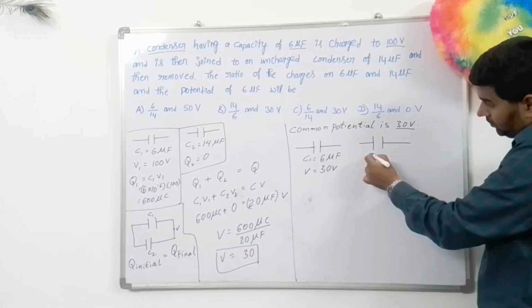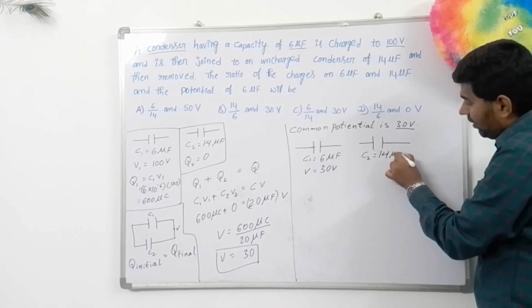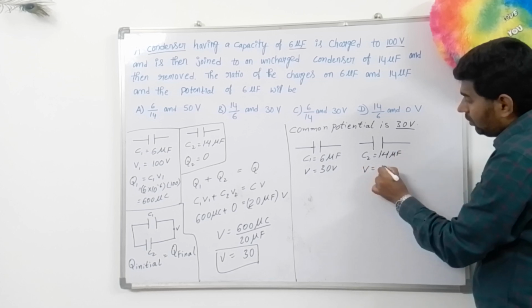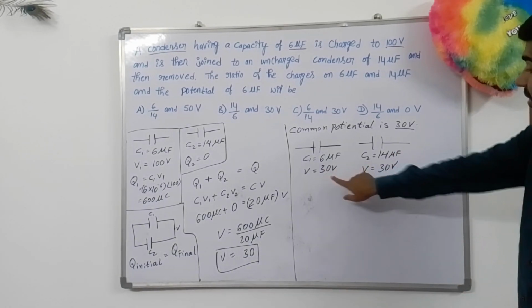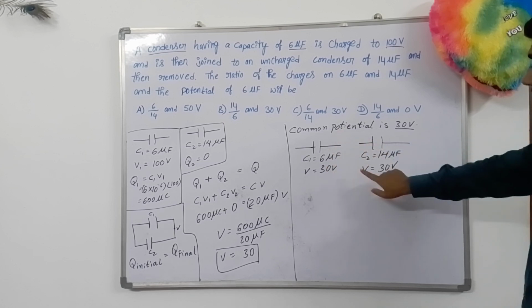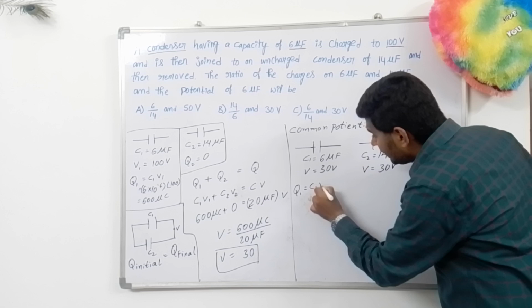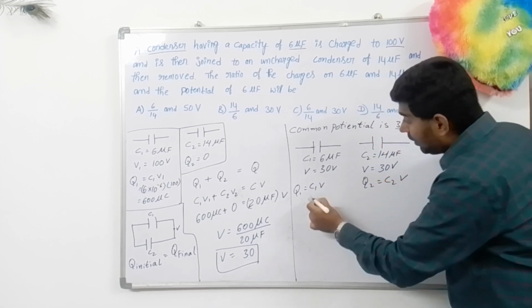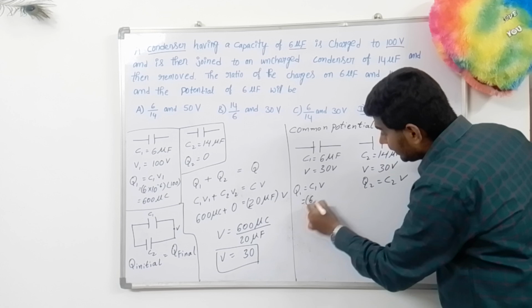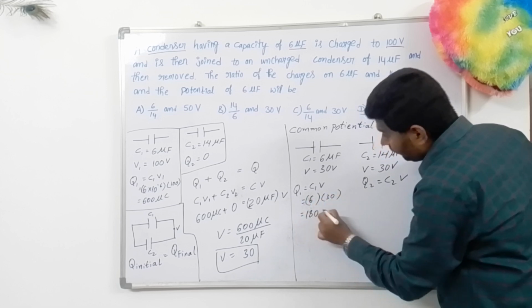And here C2 is equal to 14 microfarads. V is equal to, here also same 30 volts. Both are in parallel. Potential difference, nothing but voltage between them, is same. From this, Q1 is equal to C1V, Q2 is equal to C2V. Q1 is equal to 6 into 30. What I got? 180.